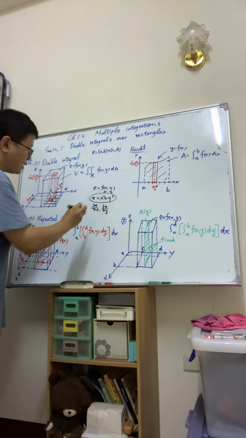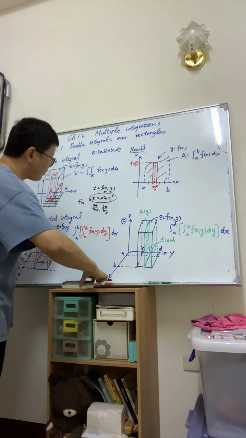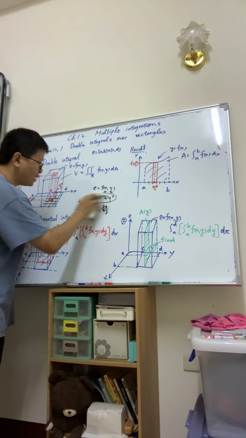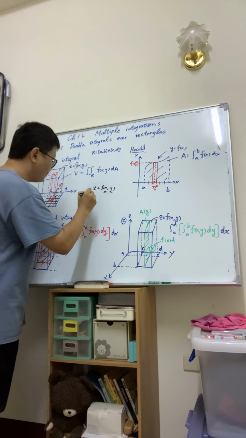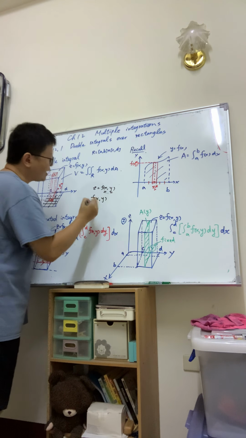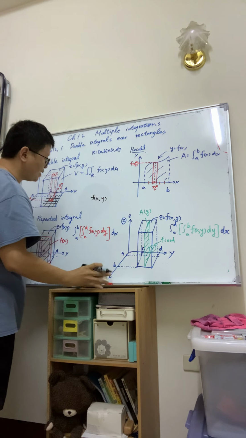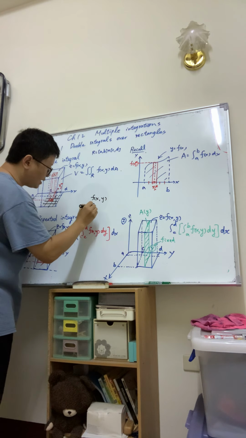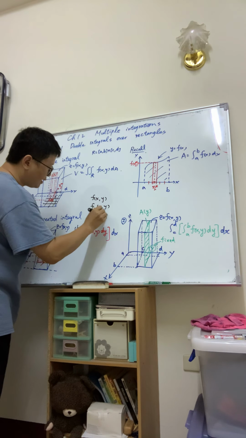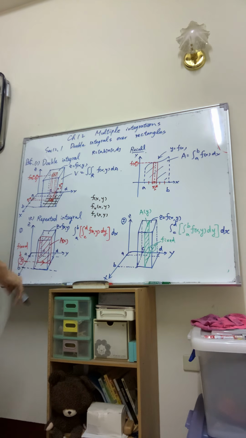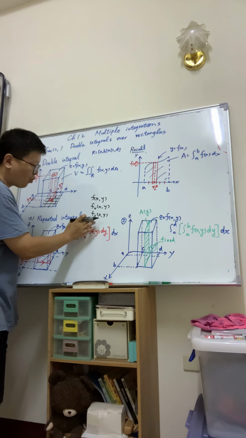For the function in the form f of x y, when we consider its partial derivative, we write it this way. This one is to differentiate by x, and this one is to differentiate by y.